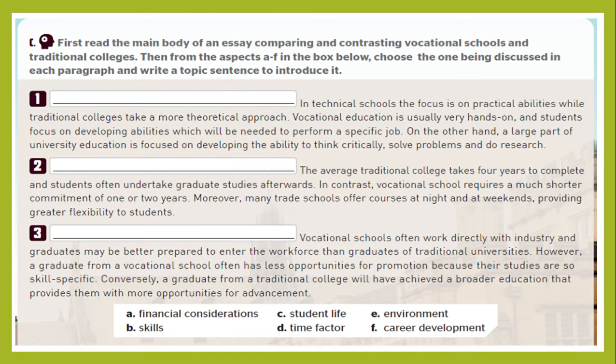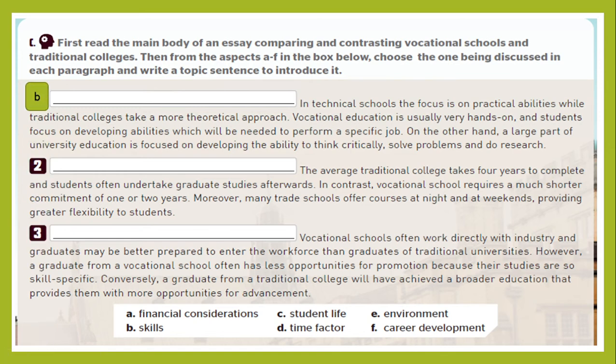You can pause your video. Read the main body paragraphs, paragraph 2, paragraph 3, and paragraph 4. Read them carefully. Choose one from A to F, then write your own topic sentence. Okay, let's start with the first one.